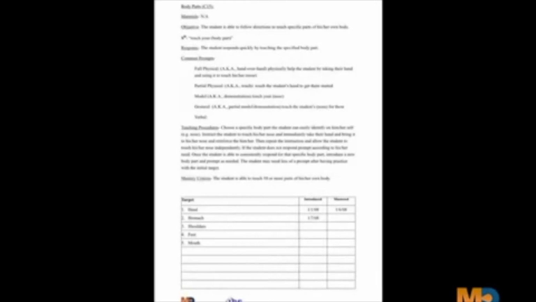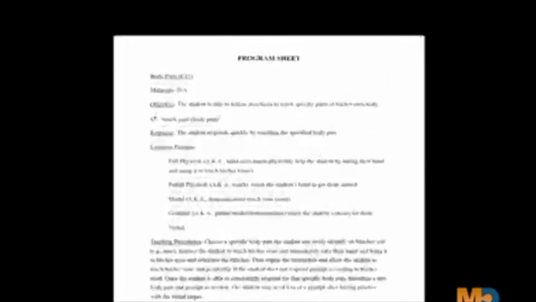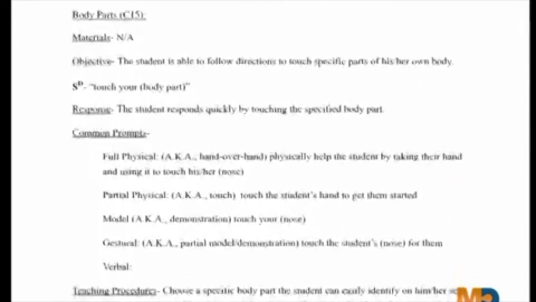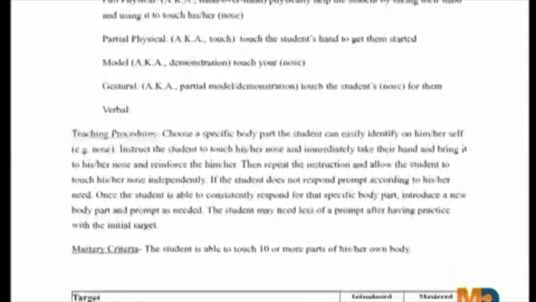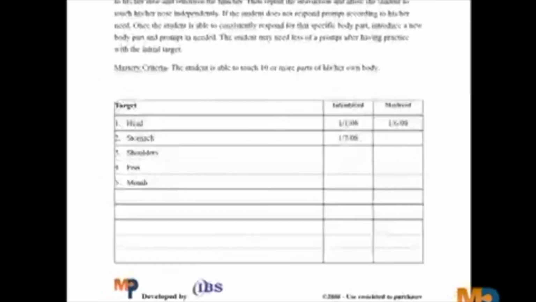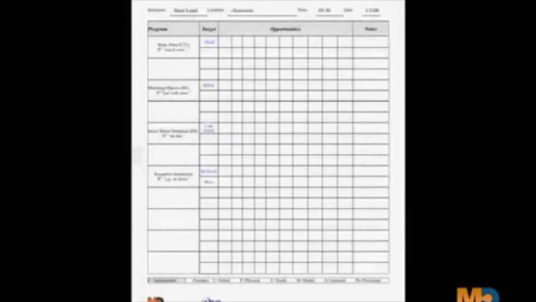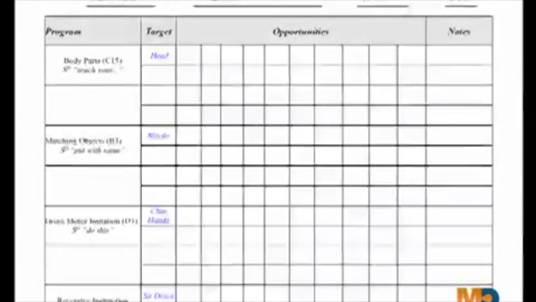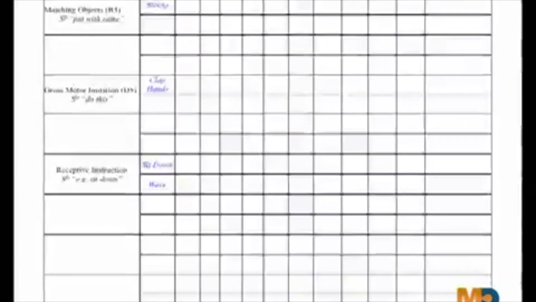In summary, you'll have curriculum developed from the ABLES-R. Each of these areas will have a program sheet. That program sheet will detail how to teach and what to teach. From that program sheet, those targets go on a daily all trials data sheet. This all trials data sheet is your lesson plan during the discrete trial session.